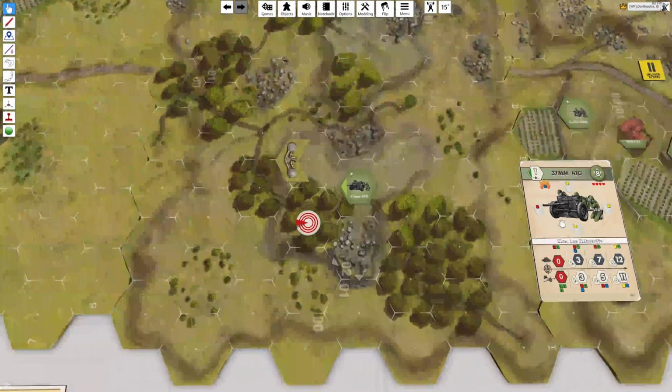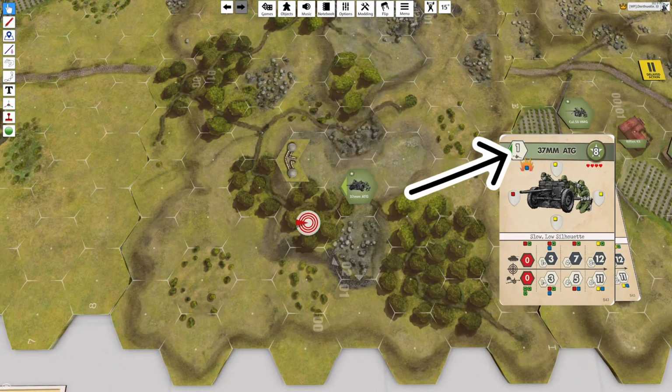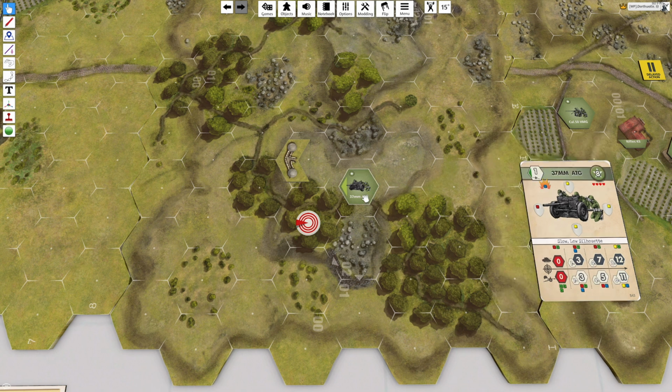I have to check my movement allowance on the card. I have 1 point, and so I'm allowed to move in, but then this heavy forest is counted as harsh terrain because it exceeds the movement allowance on the unit card. So I move in here, but then this unit is getting marked with a delayed action.